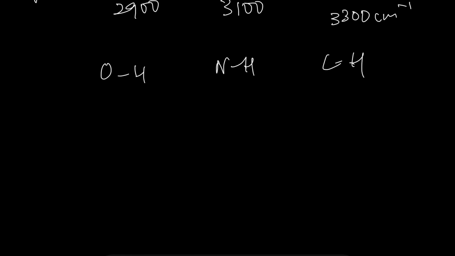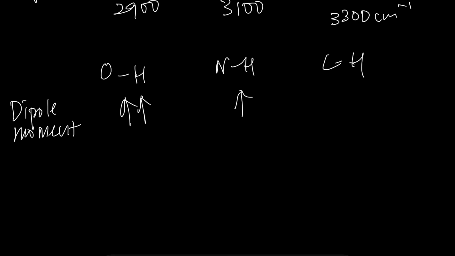O-H is with a greater dipole moment change, followed by N-H, and C-H is with lower dipole moment change. This is related to electronegativity difference. So the greater the dipole moment change, the more intense the band.